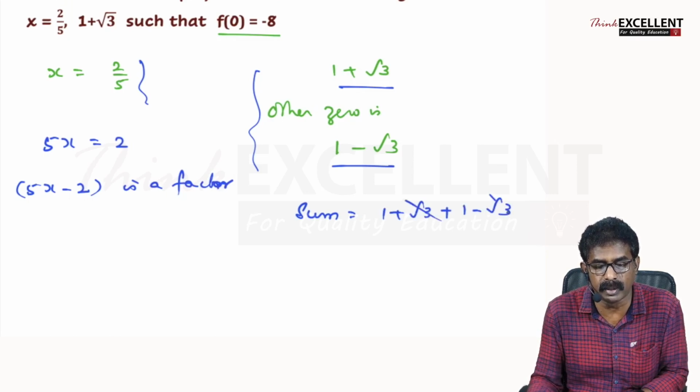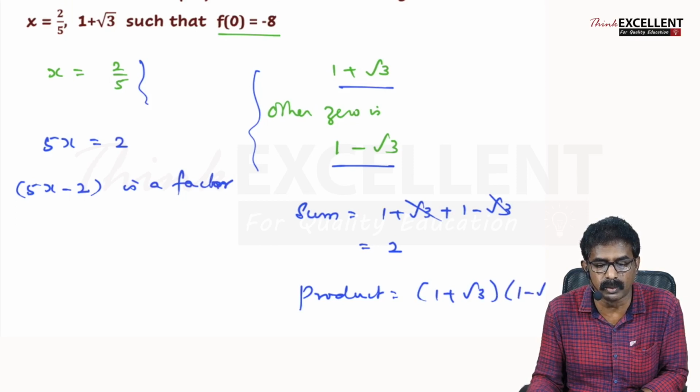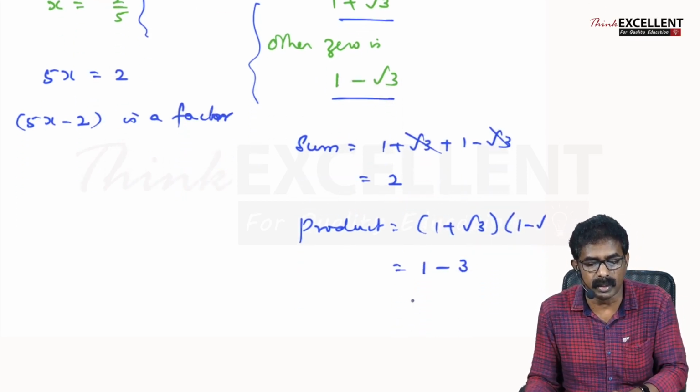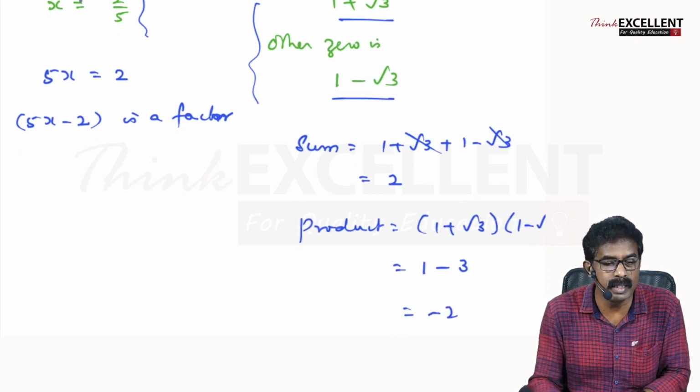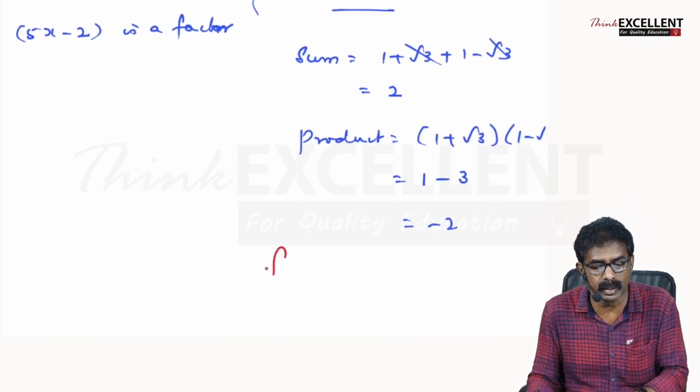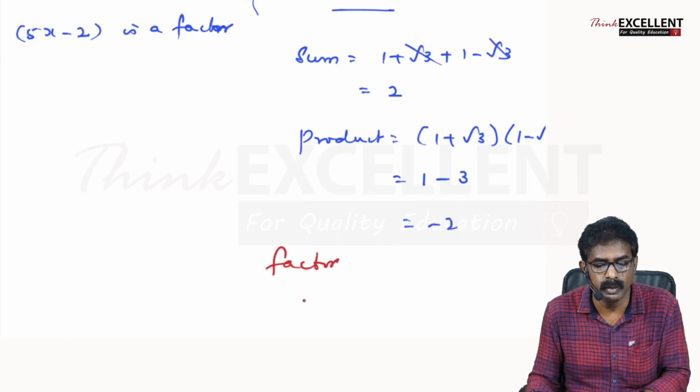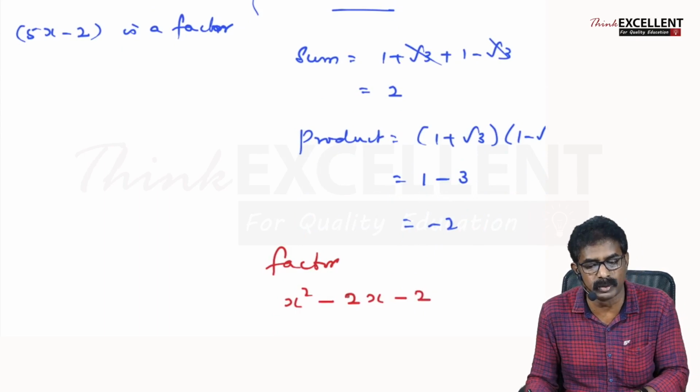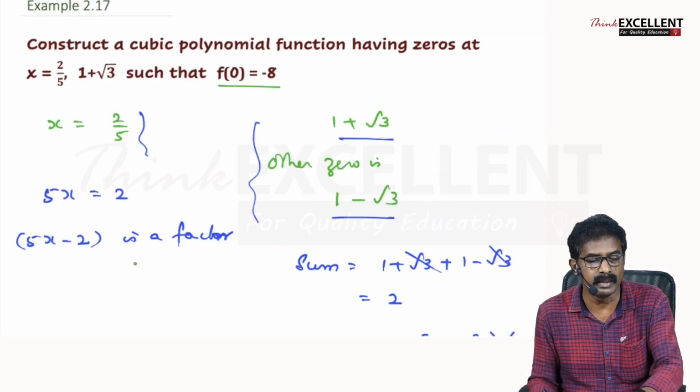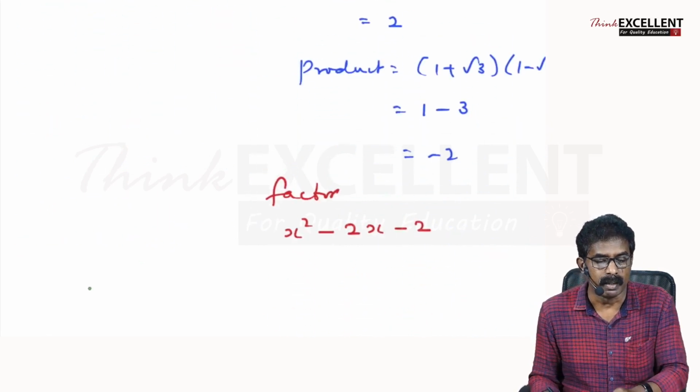Plus root 3 minus root 3 cancel, 1 plus 1 is 2. Product: multiply 1 plus root 3 into 1 minus root 3. So a square minus b square: 1 minus root 3 square, that is 3, you are getting minus 2. So the factor is x square minus sum of the roots, that is 2 into x, plus product of the roots, that is minus 2.